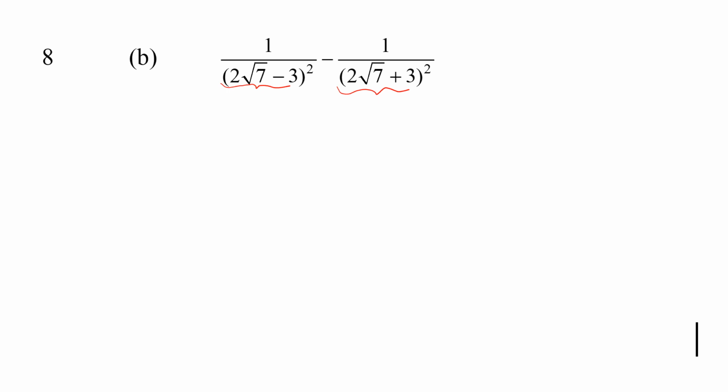Okay, maybe we try this way first. So the first way I'm going to do is just to expand your denominator, and you can just use a minus b squared here. And this guy you can just use a plus b squared, right? Okay, so let's do it.